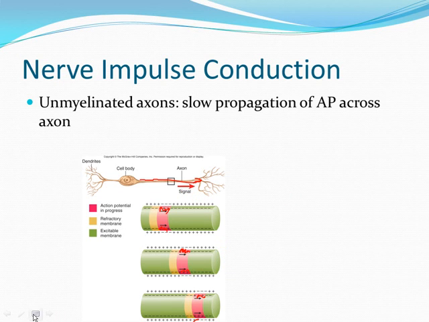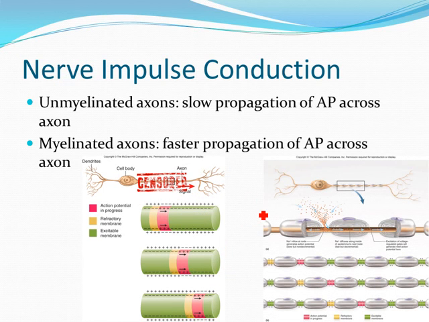And unmyelinated axon, once again, we said that it doesn't have the myelin sheath. So myelinated axon, in the other case, they do have the myelin sheath, either through the Schwann cells in the peripheral nervous system or the oligodendrocytes in the central nervous system. Don't worry about that. But here, we have this myelin sheath around it.